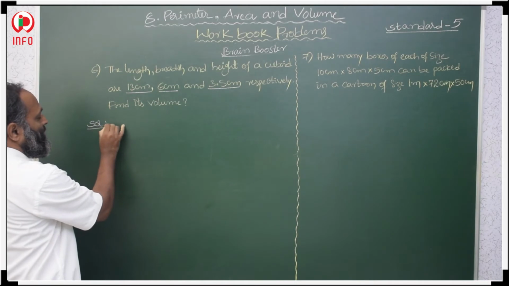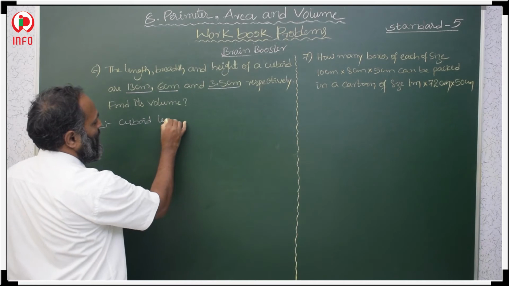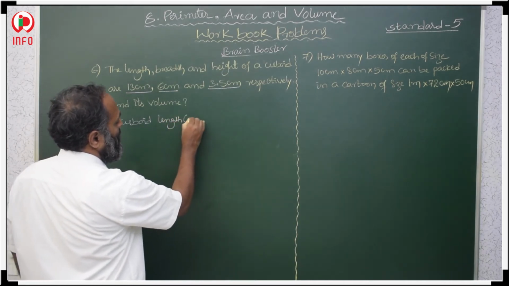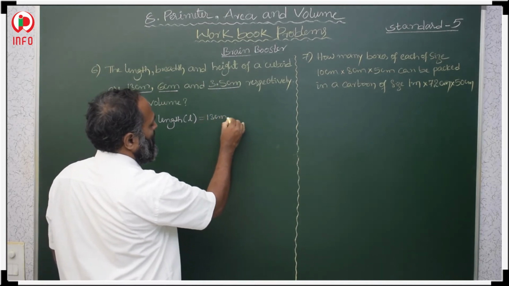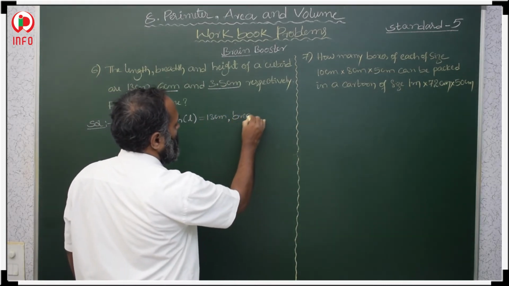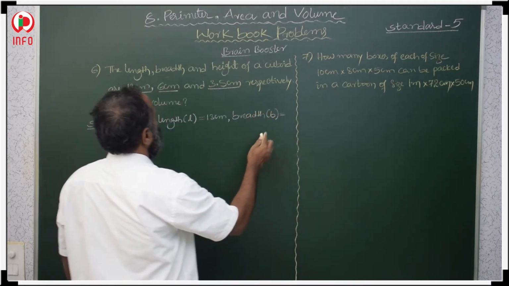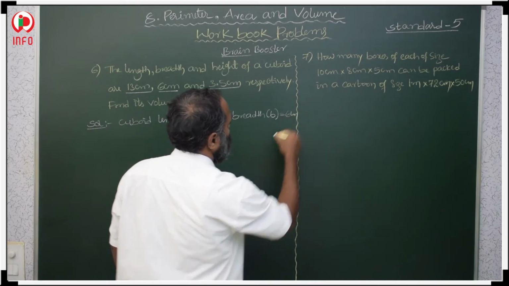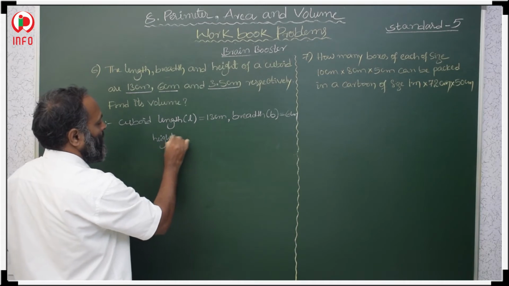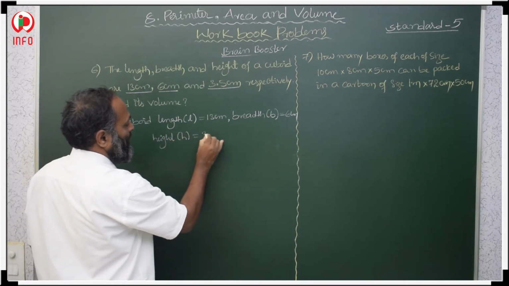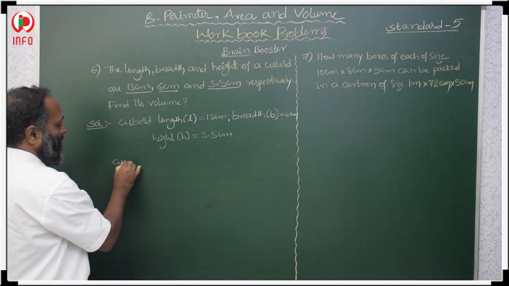So first step, cuboid length L is equal to 13 centimeters, breadth is equal to 6 centimeters, height 3.5 centimeters.